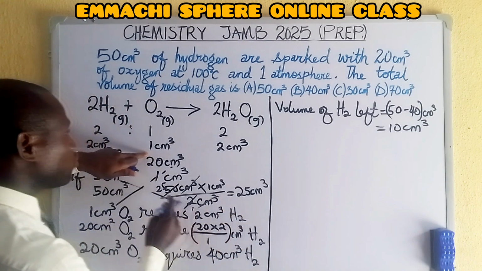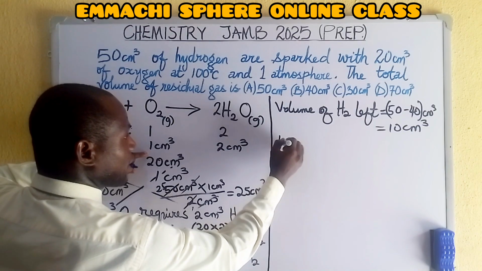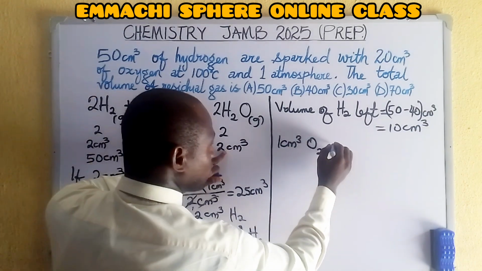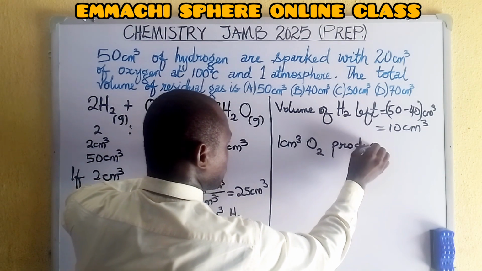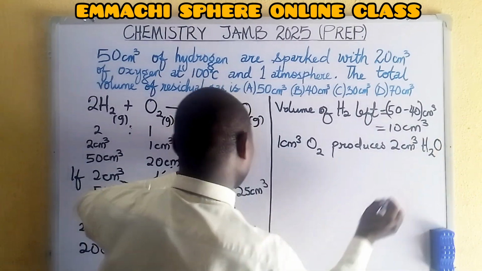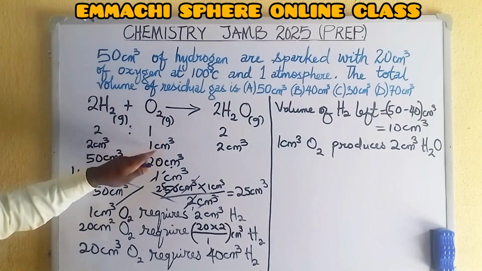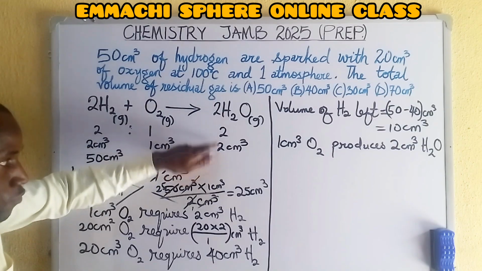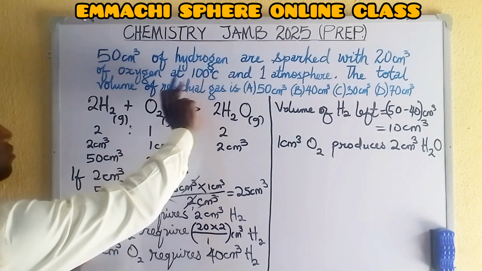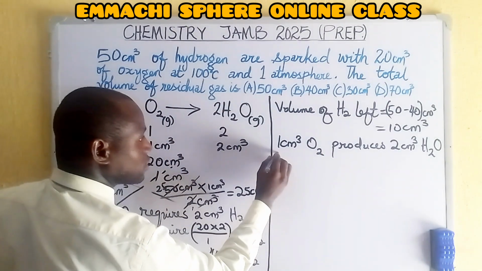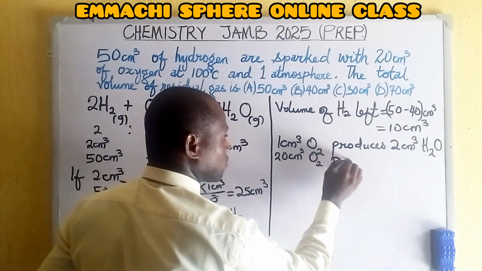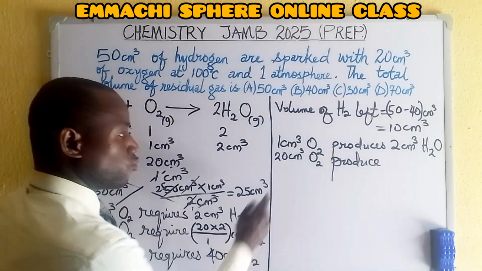So, with respect to this balanced chemical equation, 1 cm³ of oxygen gas produces 2 cm³ of gaseous water. And what is given for oxygen gas is 20 cm³. So it will produce what? We'll cross multiply.